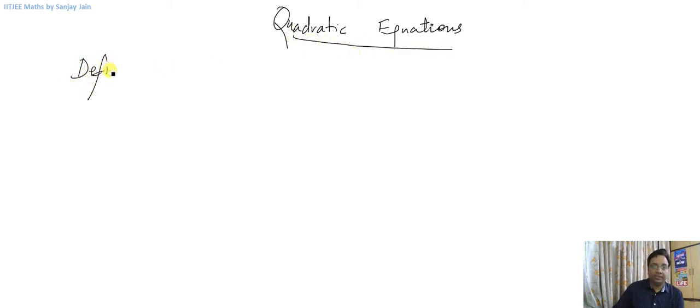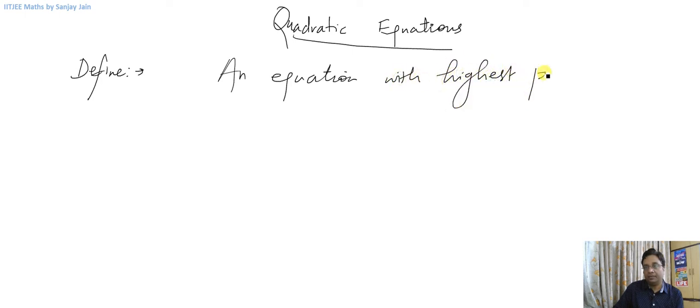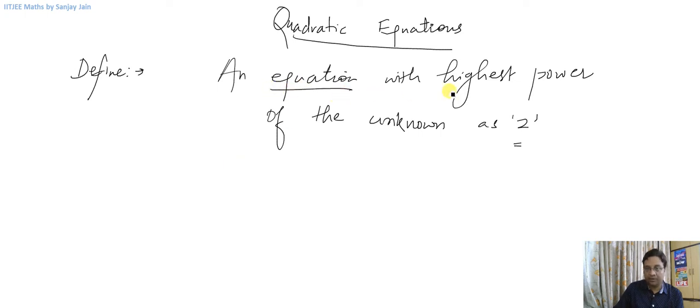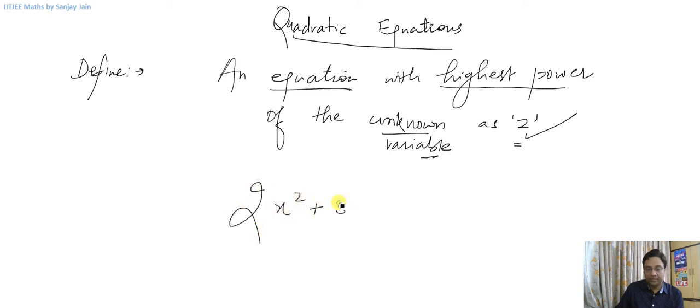If you need to define it, then you can say an equation with highest power of the unknown, what I mean is, let us say this should be an equation first of all, and highest power of the unknown, or you can say variable, is 2. For example, if I write 2x square plus, let us say, 5x plus 7 equals 0.